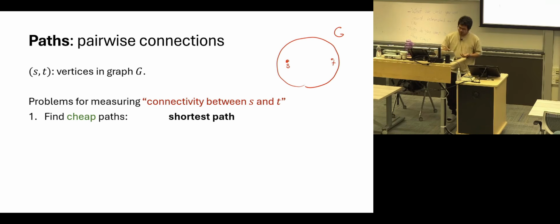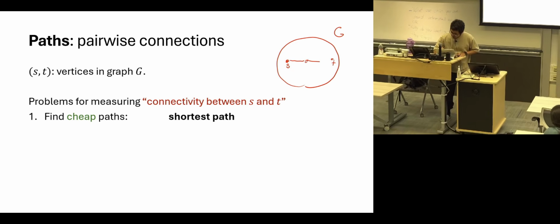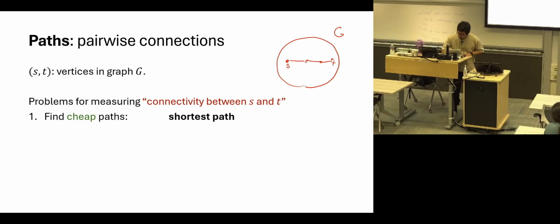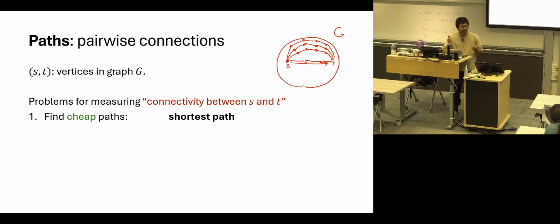That is the shortest path problem. Can you find a way to go from S to T instead of many hops like this? Maybe just go this way. That's the best way. So that's to find a cheap path.